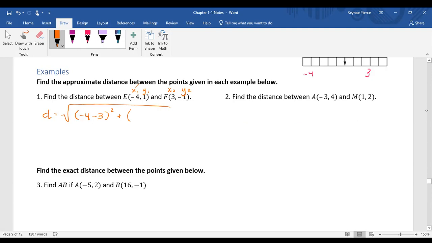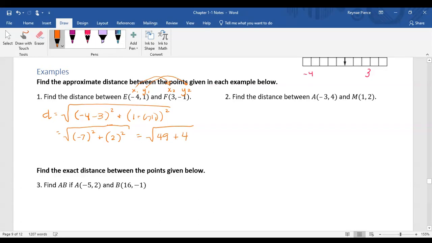And since I said -4 to 3, I've got to say 1 minus -1. -4 minus 3 is -7. 1 minus -1 is 2. -7 squared is positive 49.